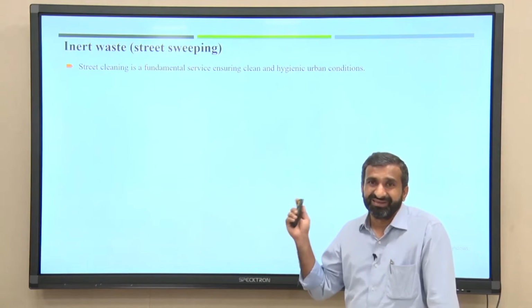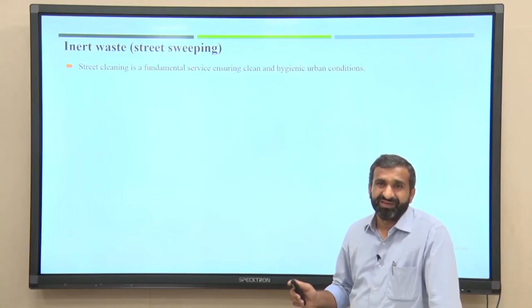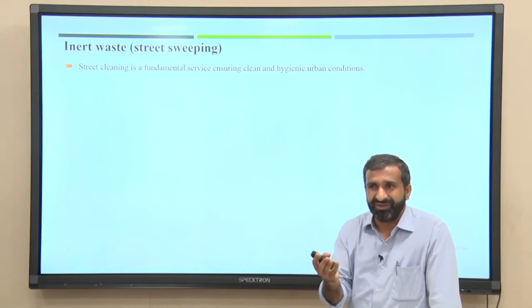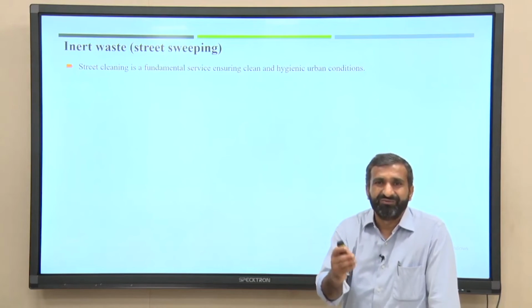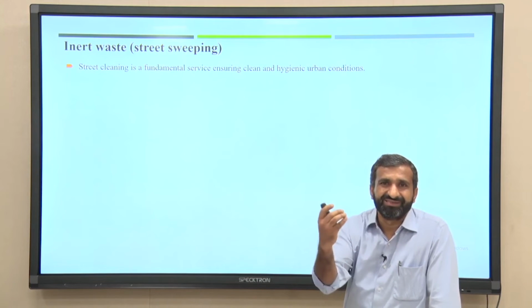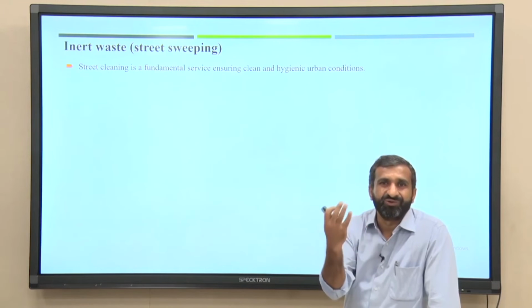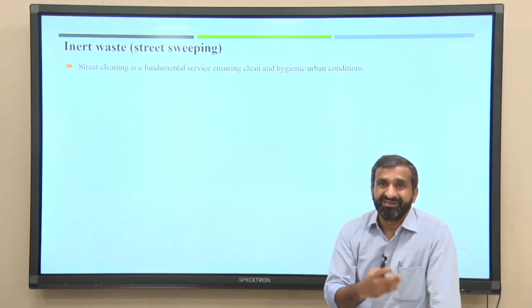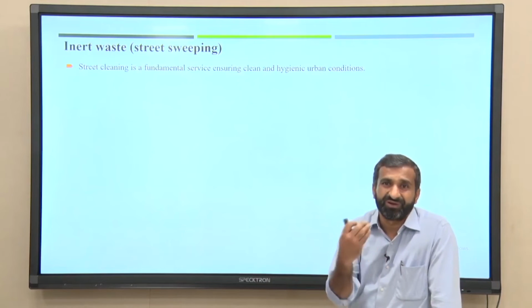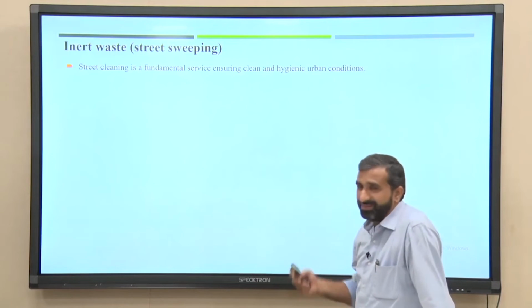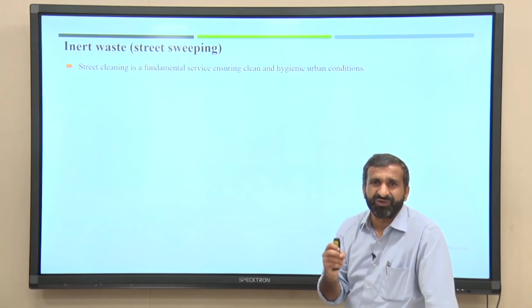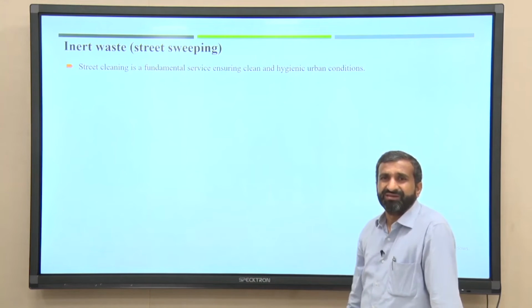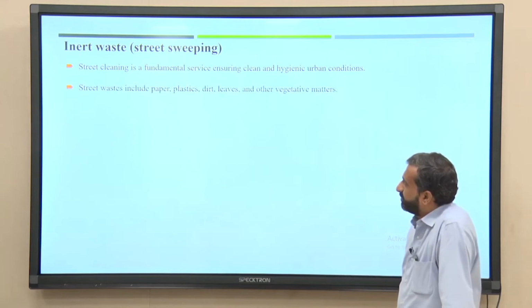Nobody sees whether you segregated the waste generated in the household area or how you disposed of it, but the cleaning of the streets is given more importance. That is why this discussion is very important when you talk about waste management in any particular city.